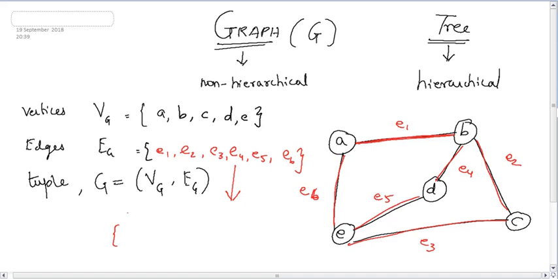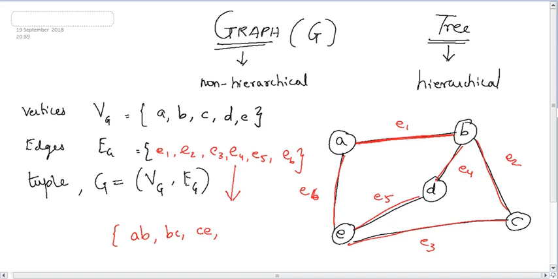So you can represent it as AB. In the same way, edge E2 is between B and C and edge E3 is between C and E. Point to be noted, it can be CE or EC. Since there is no direction, you can represent them in any order, but note that it represents only one edge. You cannot include both CE and EC, since that would mean two different edges.